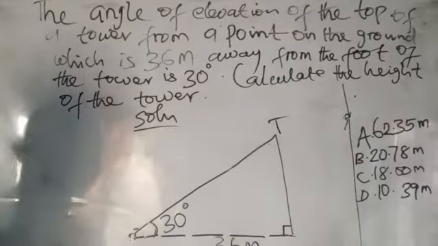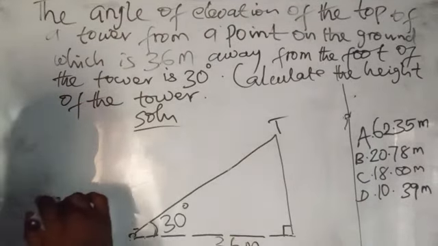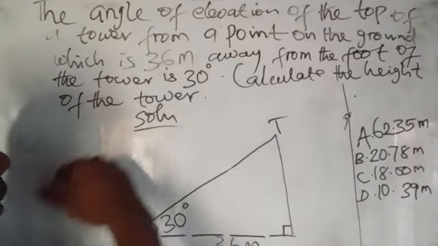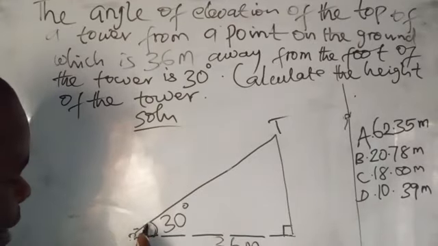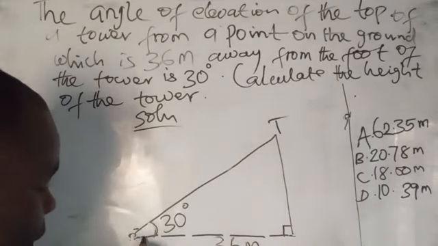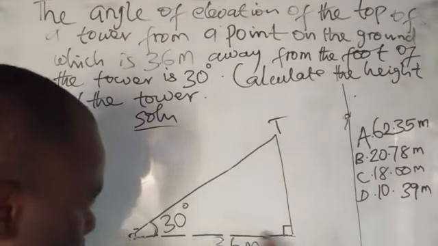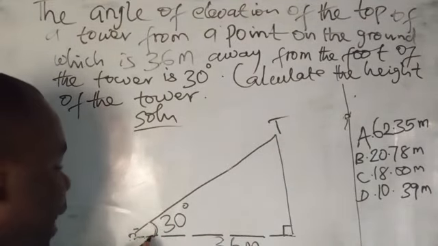Now, you come again. After this, it says that it makes an angle of 30 degrees. That is the angle of elevation. And this is the angle of elevation here. You see, that is the angle you make with the level of your eye, which is horizontal normally. But now you decide to look upwards, making an angle.